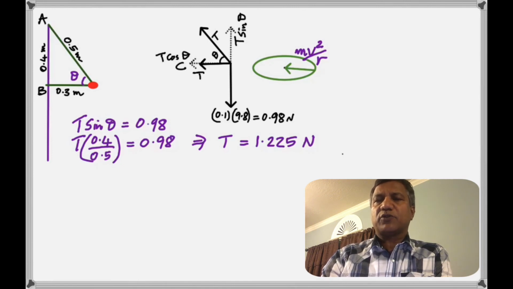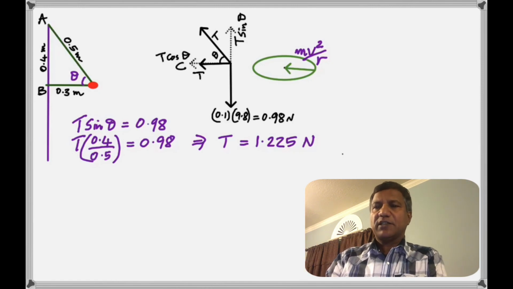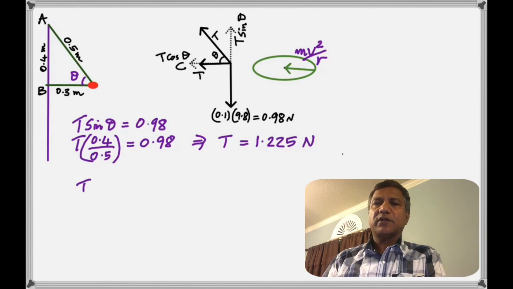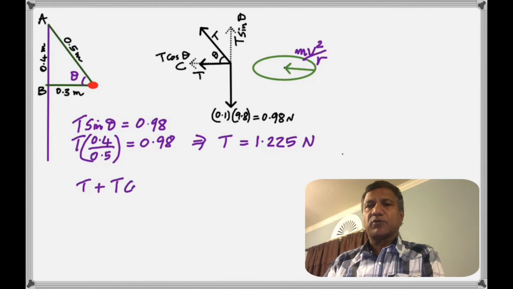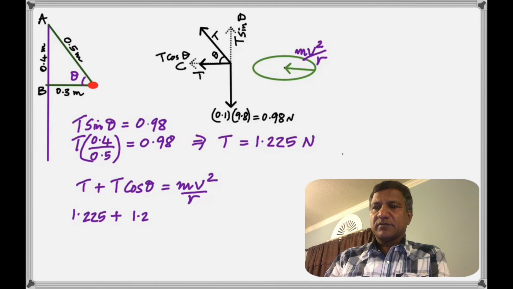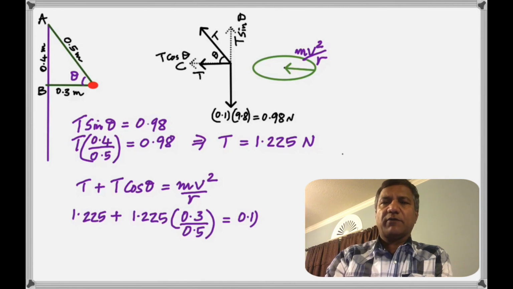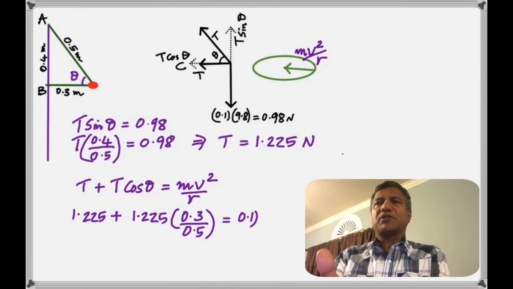So the total force here is T cosine theta plus T, which together is equal to mv squared by r. So 1.225, which is the tension, plus 1.225 cosine theta. Again, cosine theta is 0.3 by 0.5 from that triangle.